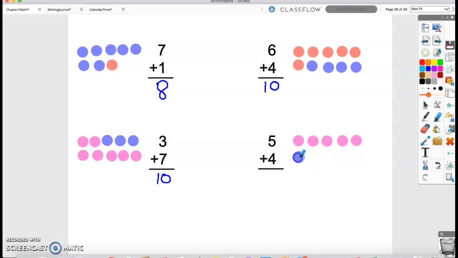If you said 1, 2, 3, 4, awesome. How many is that altogether? If you said 9, you got it right. Now remember, here is the one that's missing from our 10 frame, so I know 1 less would be 9. Awesome job working today.